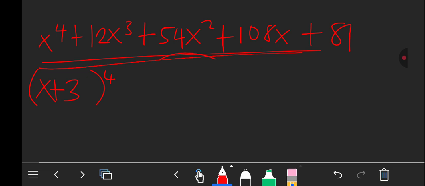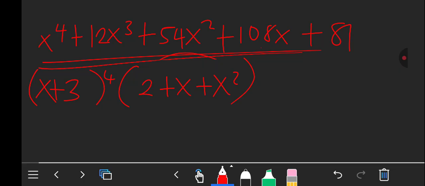Then they might ask you to say, what is the coefficient of maybe x to the power 2 in the expansion of x plus 3 to the power 4, and also maybe 2 plus x squared. You are asked to find the coefficient of x to the power 2, x squared, in the expansion of this.